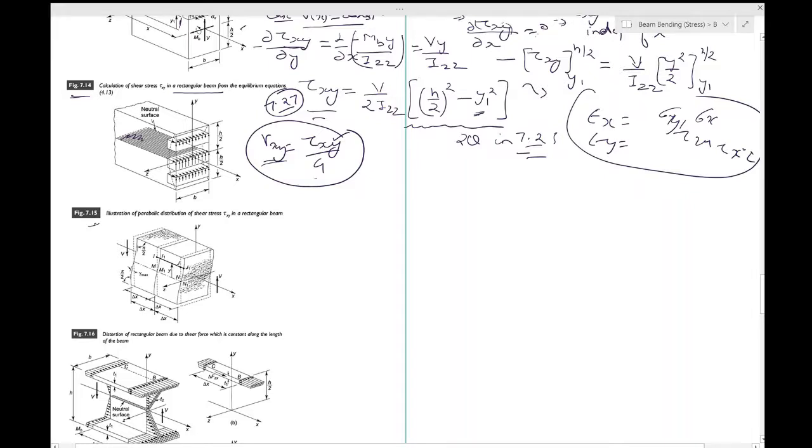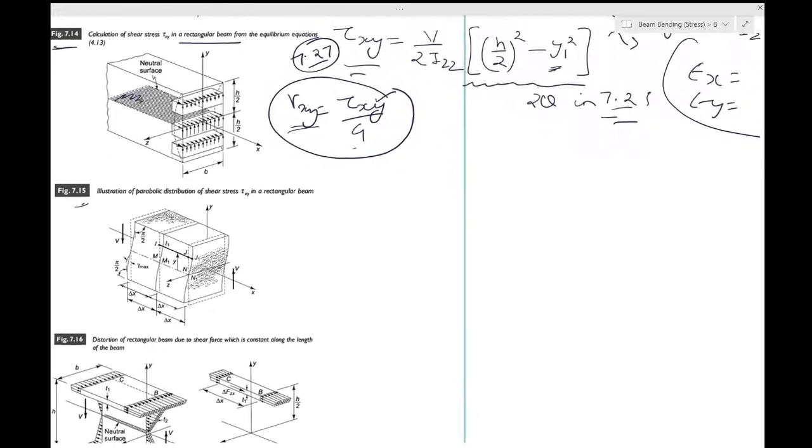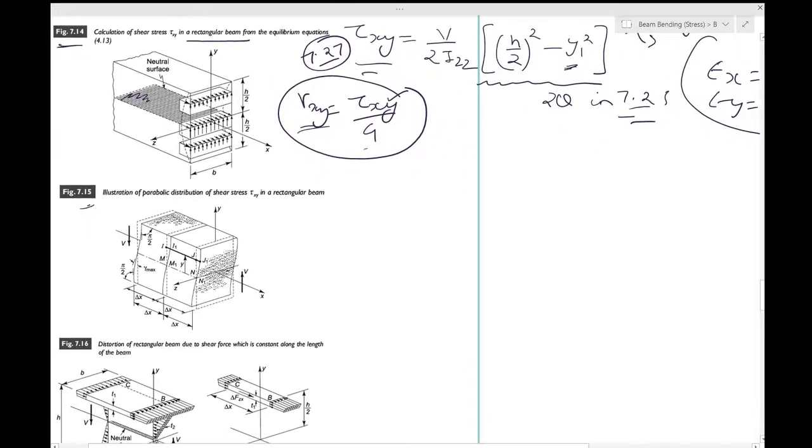This implies that the originally plane cross sections distort in the manner illustrated in figure 7.16. So look at 7.16 very carefully. This means that this varies parabolically. Now how do you visualize this strain?